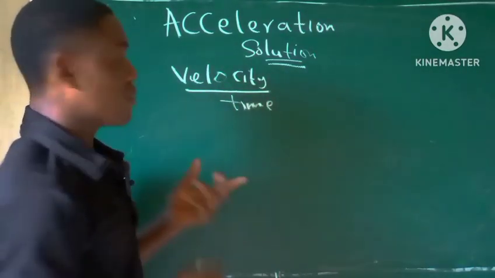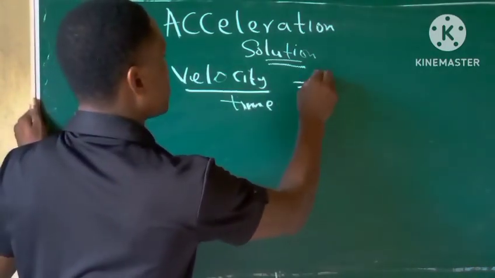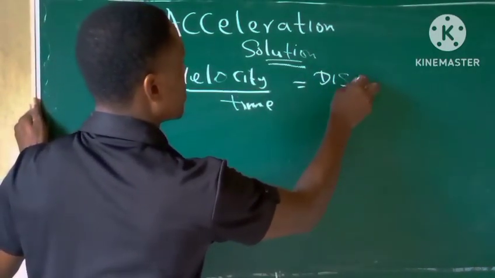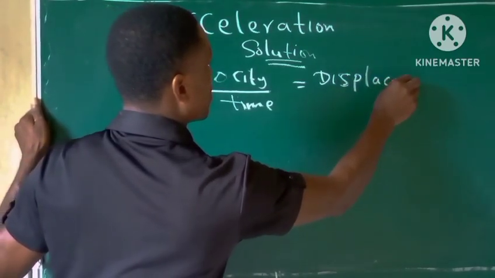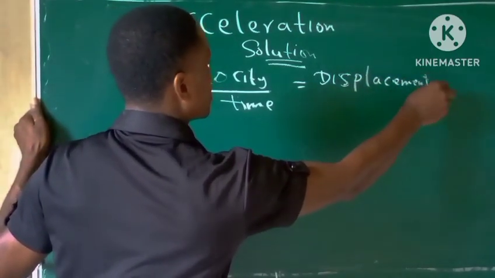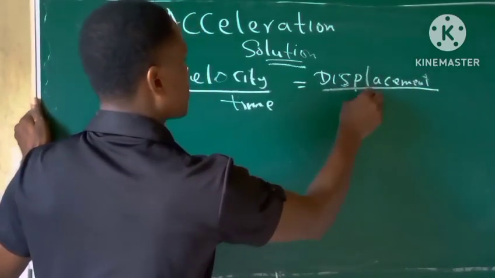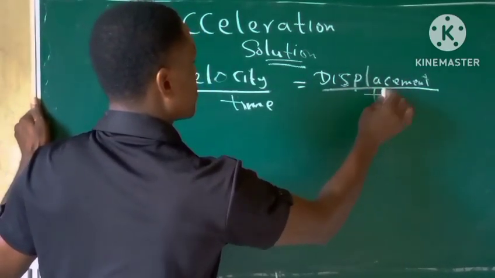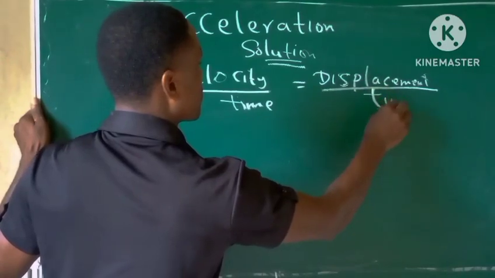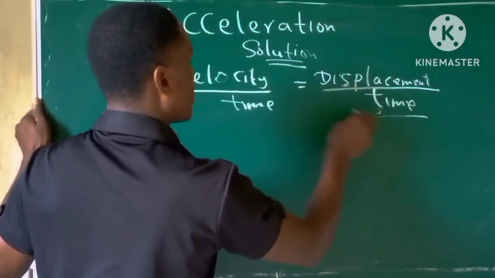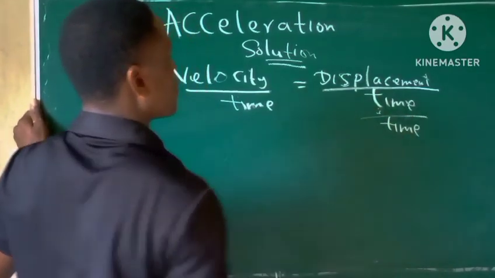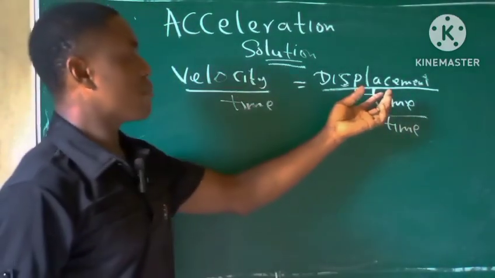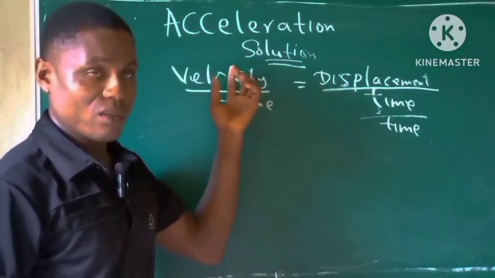The formula of velocity is displacement all over time. Displacement all over time is the formula of velocity, right?